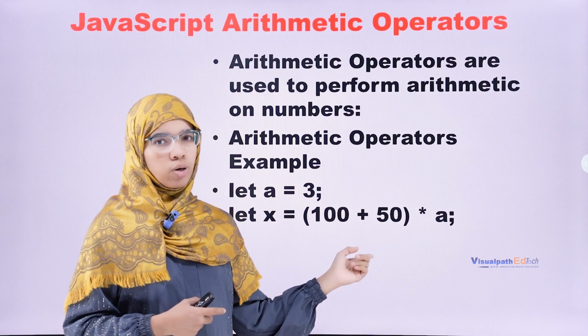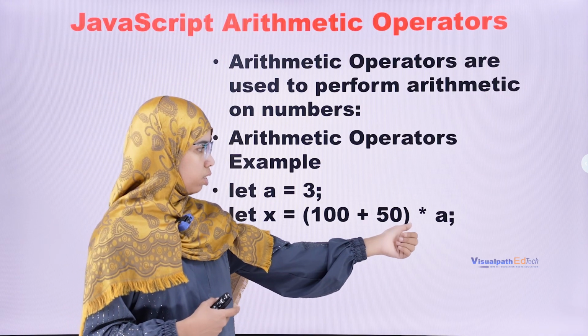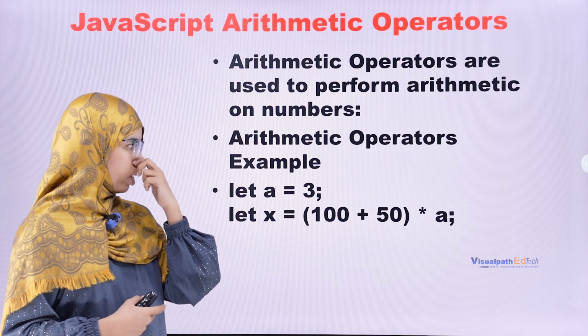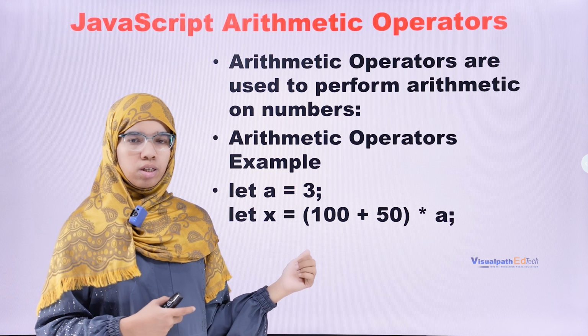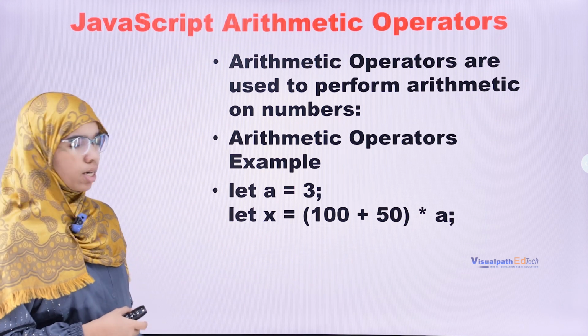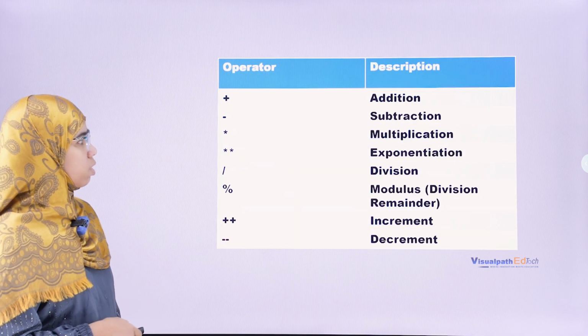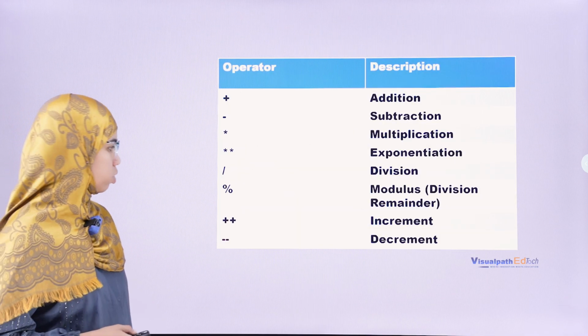They have the highest priority, so first 100 is added to 50, so 150 into a, which is holding the value 3. 150 into 3 is 450, whatever the outcome is, it will be stored into the variable x.